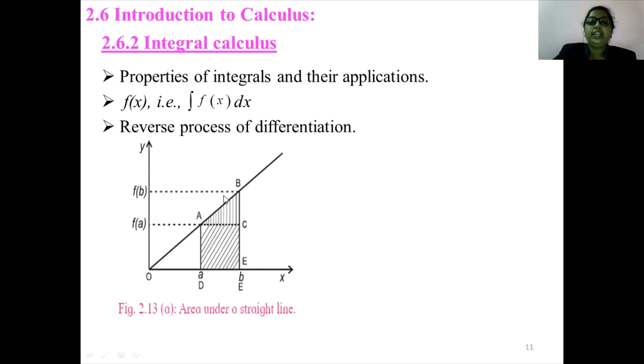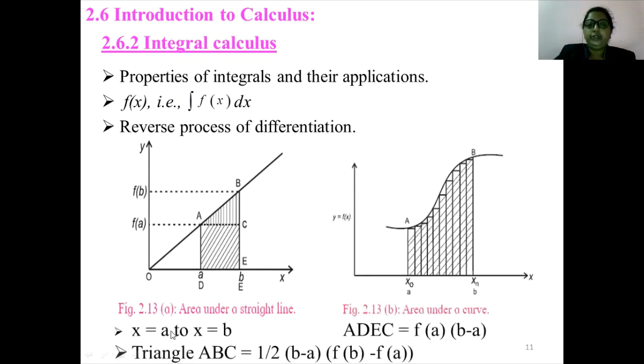So the area under the curve, the straight line from x equal to a to x equal to b, is shown by this shaded area.